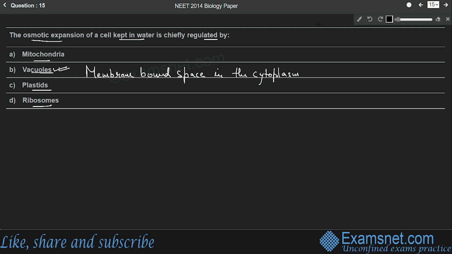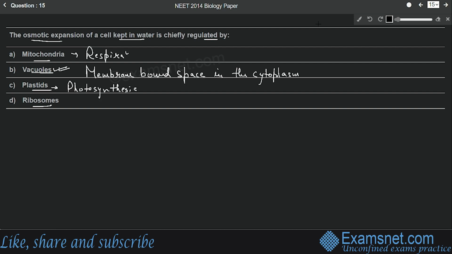We already know the function of the other organelles mentioned here. Mitochondria is involved in respiration. Plastids are of three types: chloroplast, chromoplast and leucoplast. The chloroplast is responsible for photosynthesis in plants.